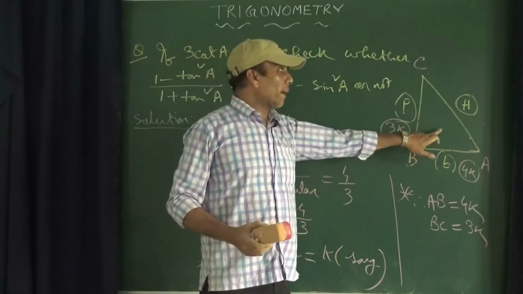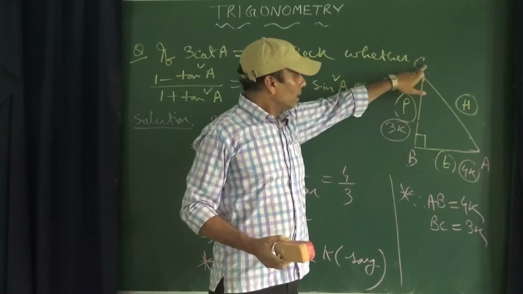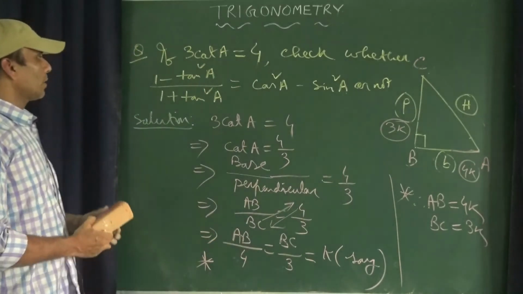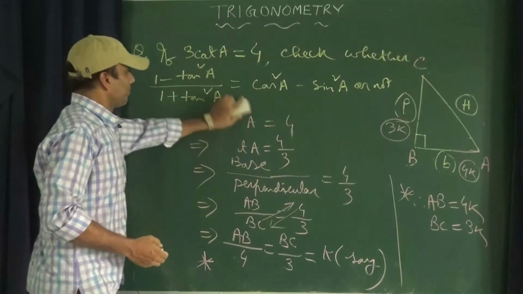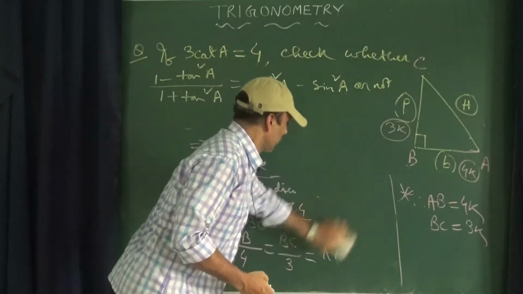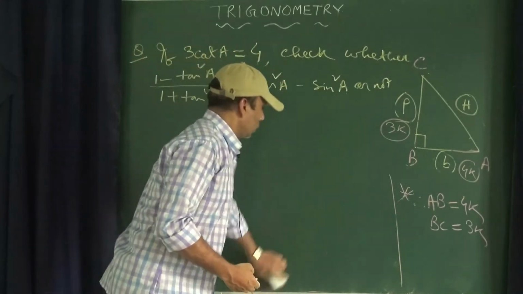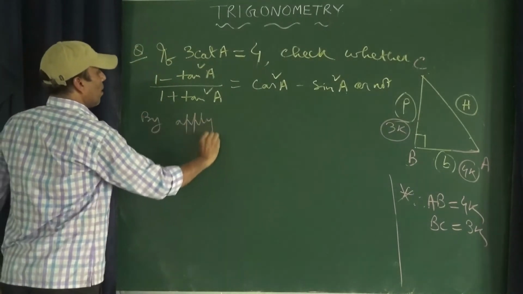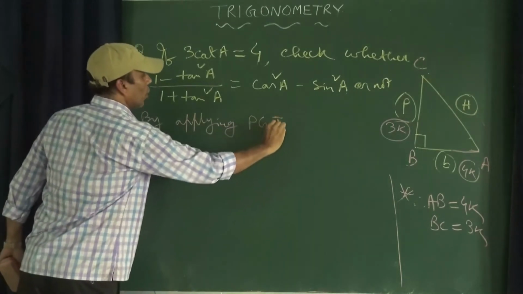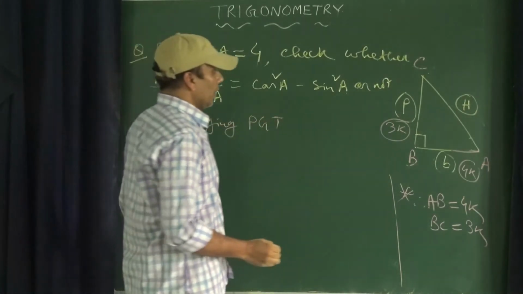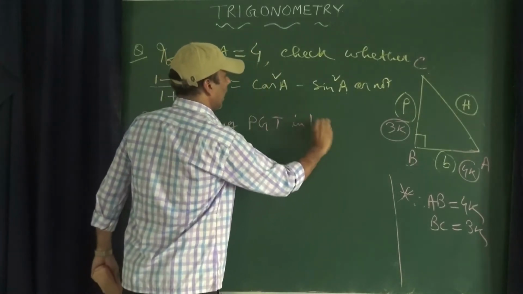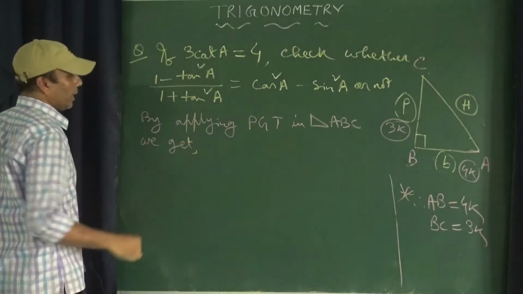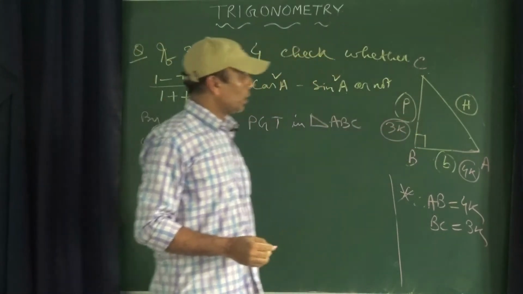Now, again we will apply the Pythagoras theorem so that we can get the length of AC. By applying Pythagoras theorem, in short PGT, in right triangle ABC, the hypotenuse is AC.